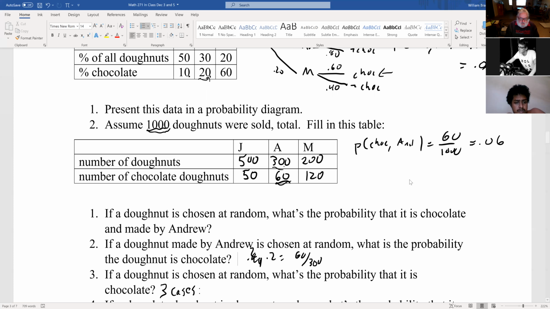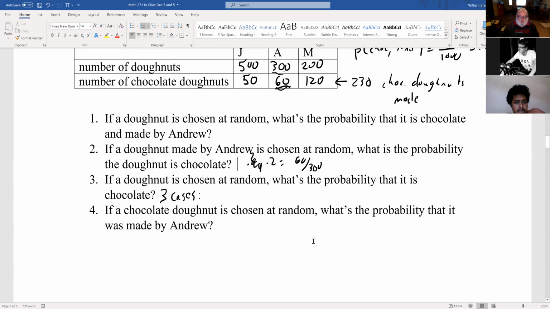how many chocolate donuts were made? And that's just adding up this line. So 120 plus 60 plus 50 is 230 donuts. So 230 chocolate donuts were made.